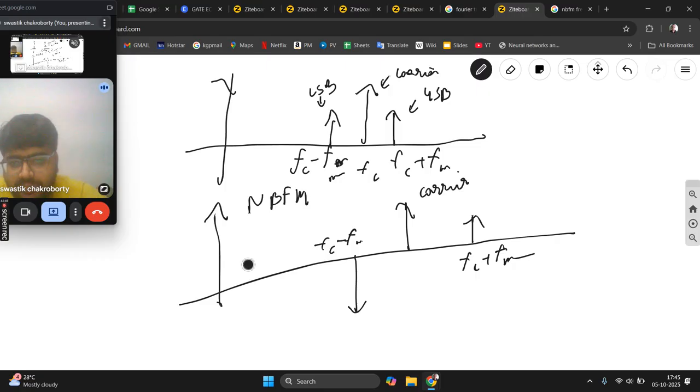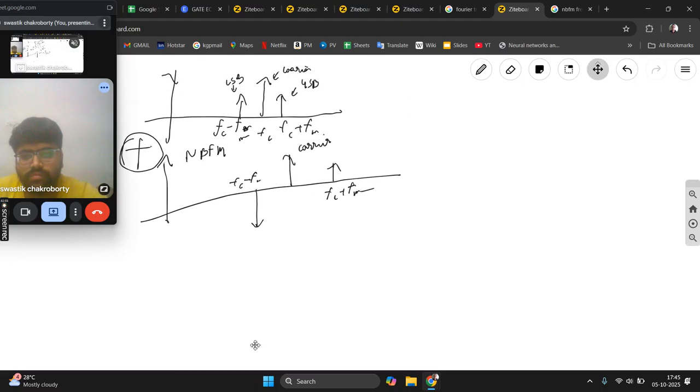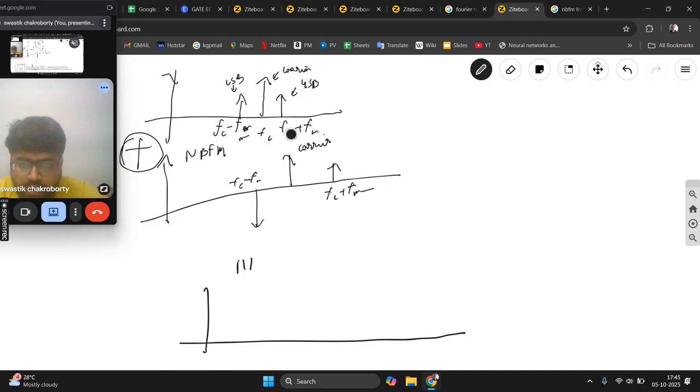So if you add these two, you will get a carrier and upper sideband, but the carrier will be 2Ac, and the upper sideband will also be double: AcAm by 4 will become AcAm by 2.